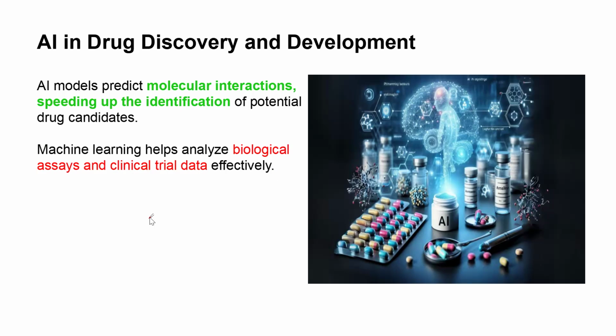Very importantly, machine learning has also been identified to help in analyzing biological assays and clinical trial data. This means that with the knowledge of machine learning, it will be able to help in analyzing biological assays, that is, if you want to assay for the presence or absence of a particular protein or antibodies.